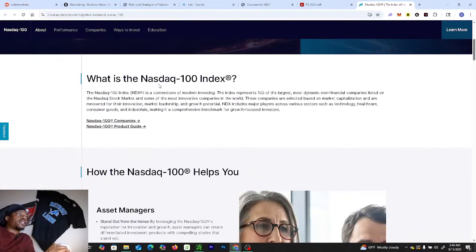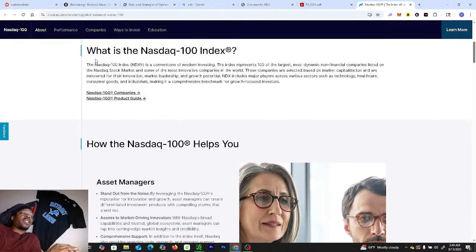So it says, what is the NASDAQ 100 index? I'm going to read from here so I get the most accurate information. The NASDAQ 100 index is a cornerstone of modern investing. The index represents 100 of the largest, most dynamic non-financial companies listed on the NASDAQ stock market and some of the most innovative companies in the world. I was right, it's the world. My memory serves me right. These companies are selected based on market capitalization and are renowned for their innovation, market leadership, and growth potential.